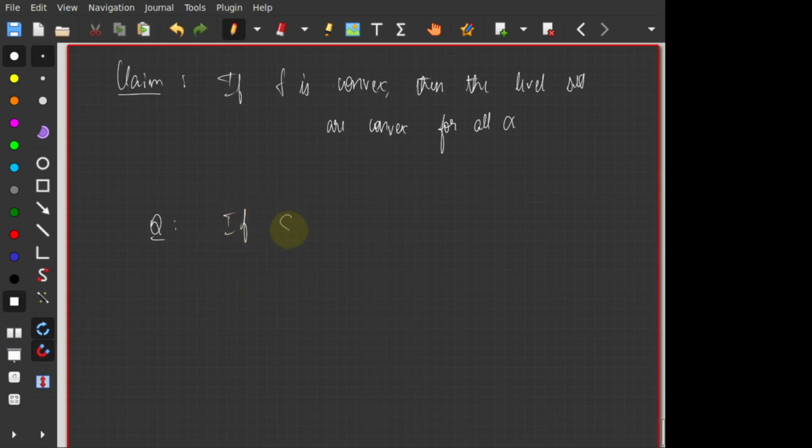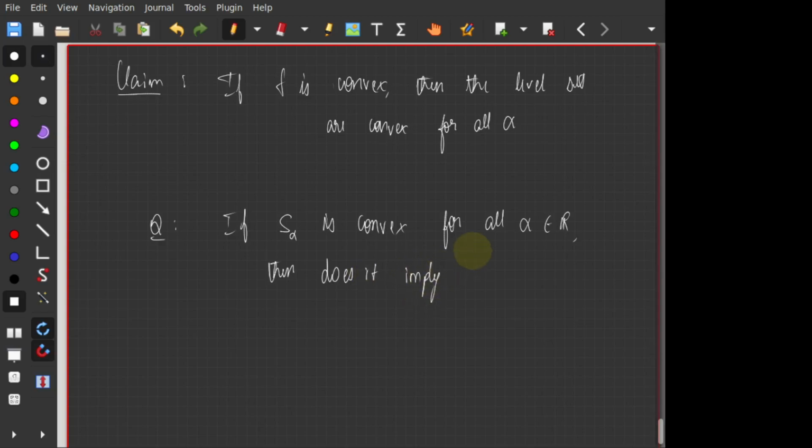If S alpha is convex for all alpha in R, then does it imply that f is convex?